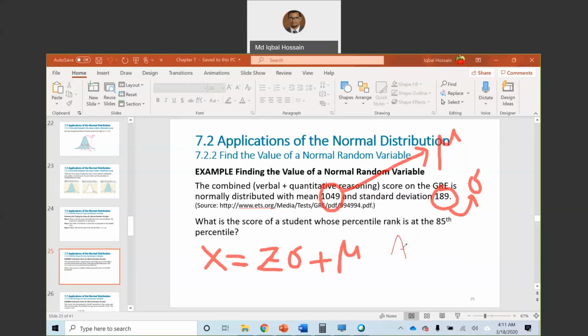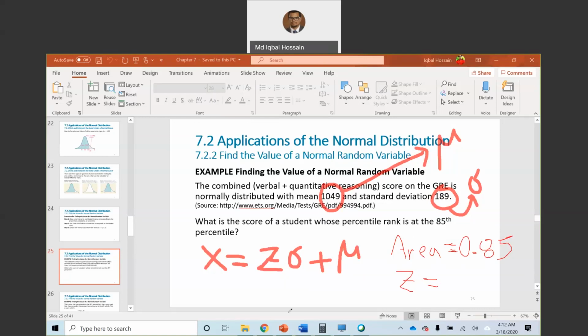The area is the 85th percentile, or 0.85. This is our area. Now we will use our z table to find out the z value. So now what we need to find? We need to find out the z value. So we have the area which is 0.85, right?